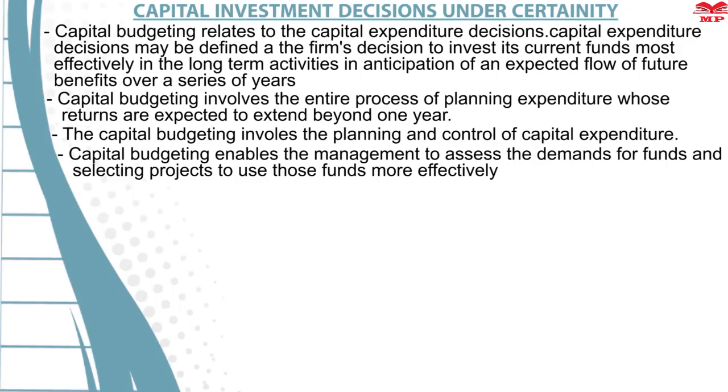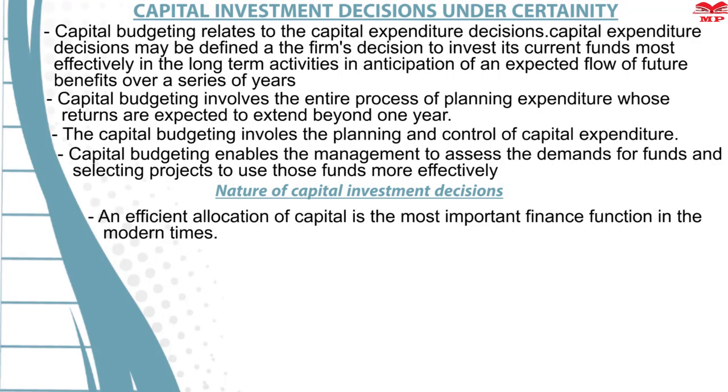We've just looked at the introduction of capital investment decisions under certainty. We now want to study the nature of capital investment decisions. An efficient allocation of capital is the most important finance function in modern times.